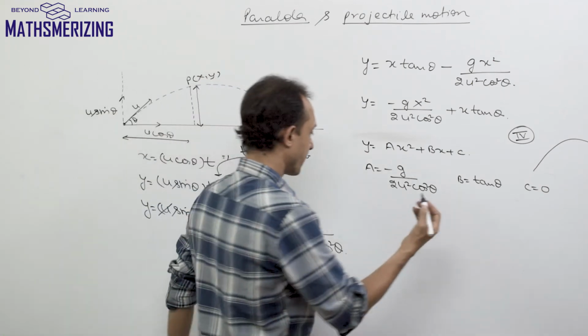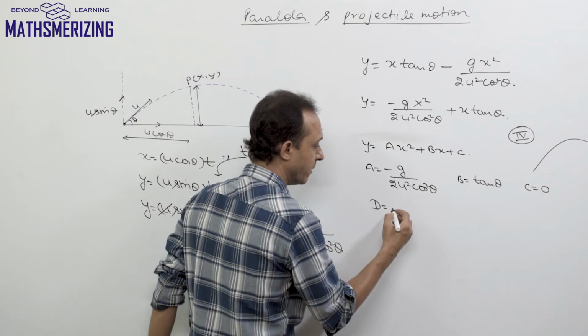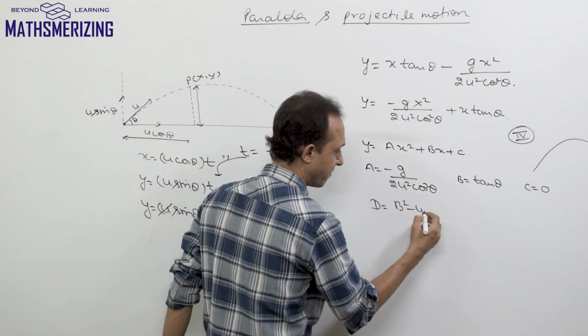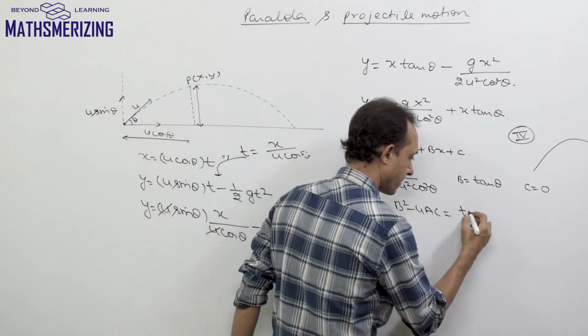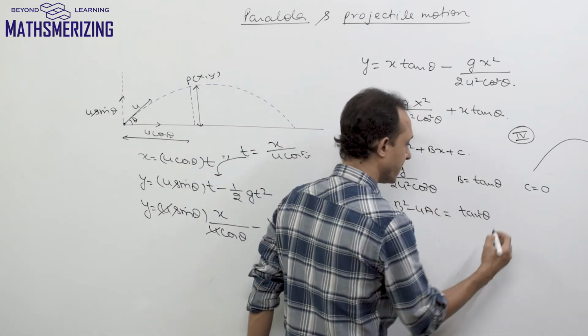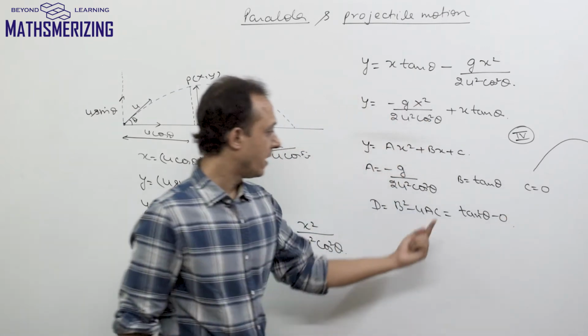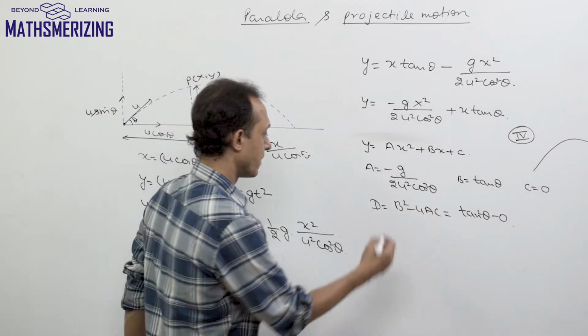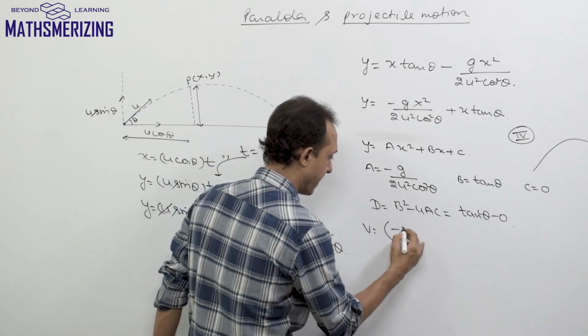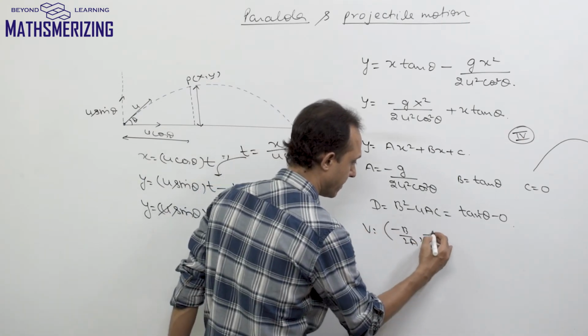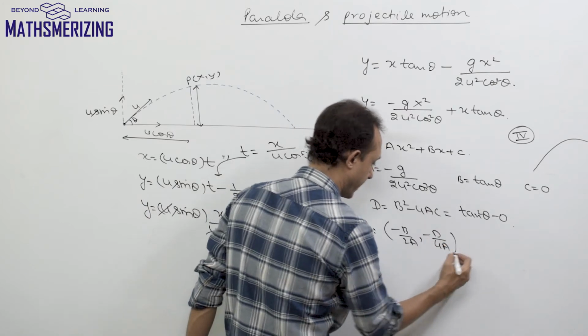We also know its D will be b square minus 4ac. Now b square will be tan square theta, and 4ac will simply be 0. So its vertex will be minus b upon 2a, and then minus D upon 4a.